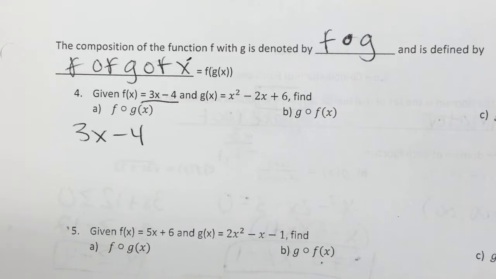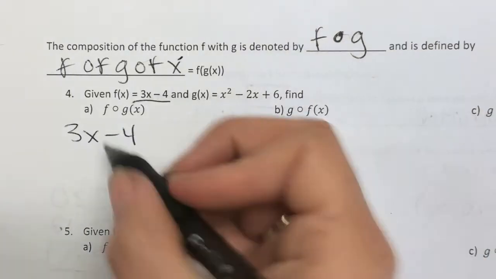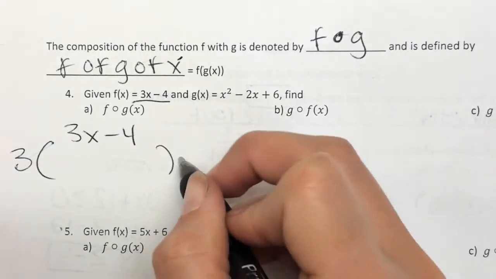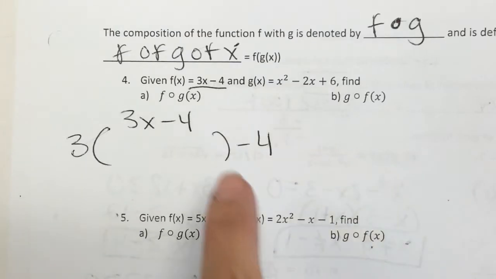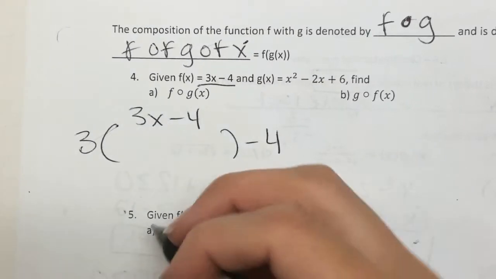We could replace what here? X. So we're going to replace this x with this entire function. Rewrite this same thing except put a big parentheses where the x was. We're going to put the entire g of x function in there, which is what?